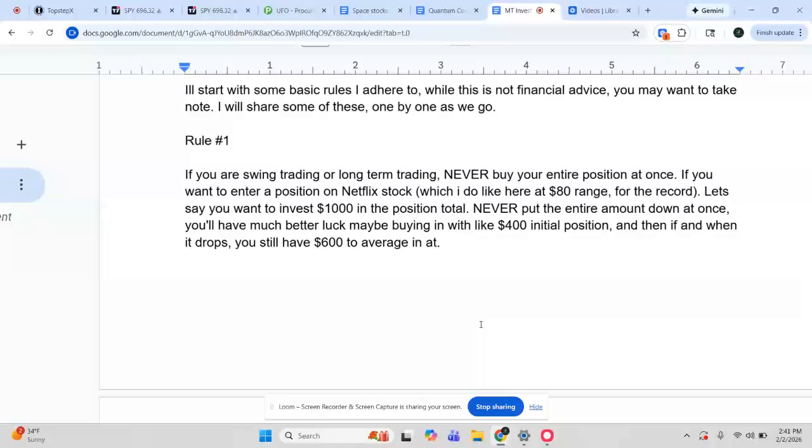But if you start out and maybe you put in a $400 or $500 initial position, only half, now whereas you were upset about the market dropping, now you're salivating, looking for that market to drop. You're welcoming those pullbacks so you can get in and average down in your position. And this has shown to work long term. This blows away buying your entire position at once.